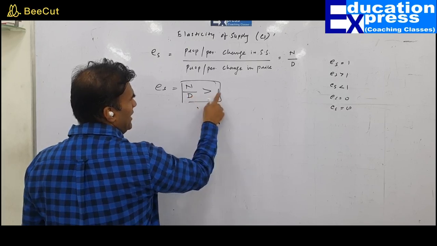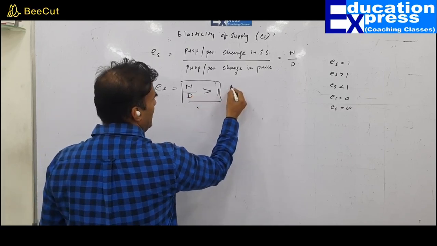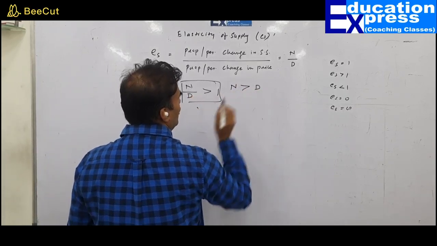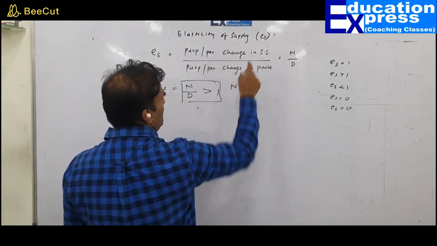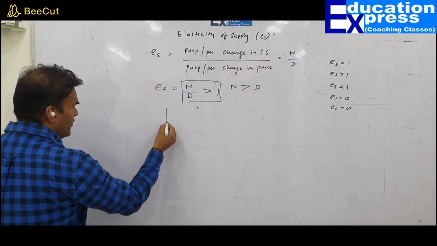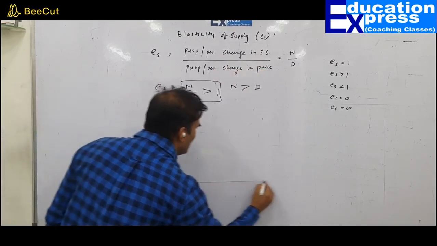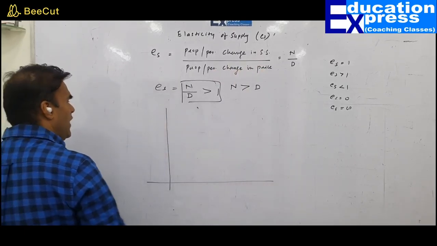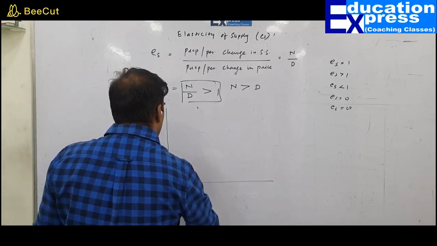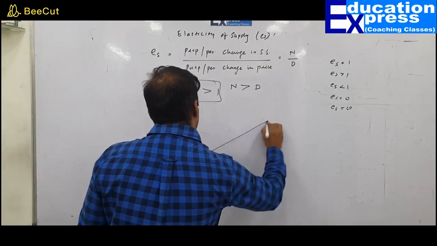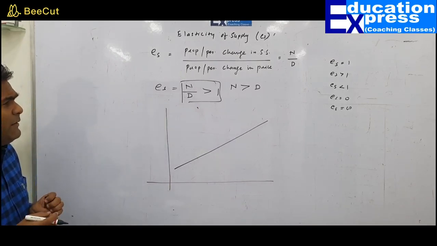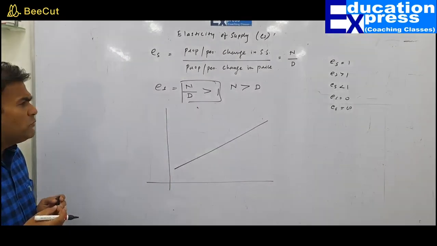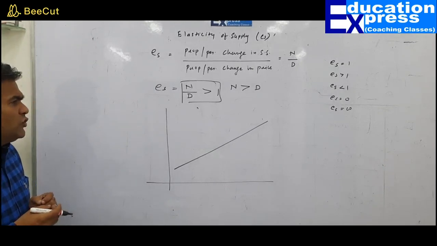If you shift the denominator to that side, your numerator should be greater than your denominator. That means what you want is proportionate change in supply to be greater. The simple way of doing this is to ensure that your supply curve is going upward with a very small slope.